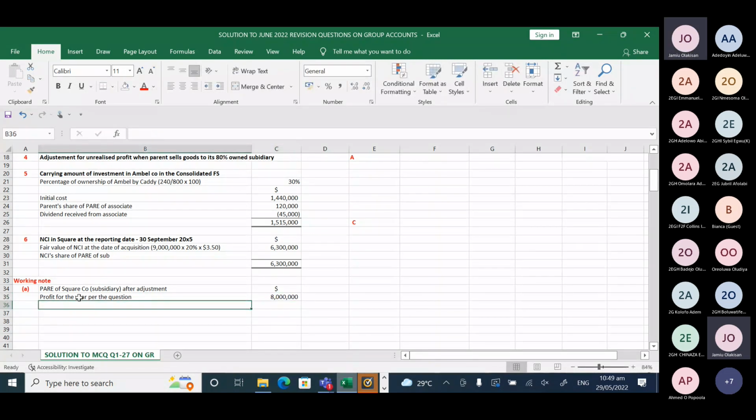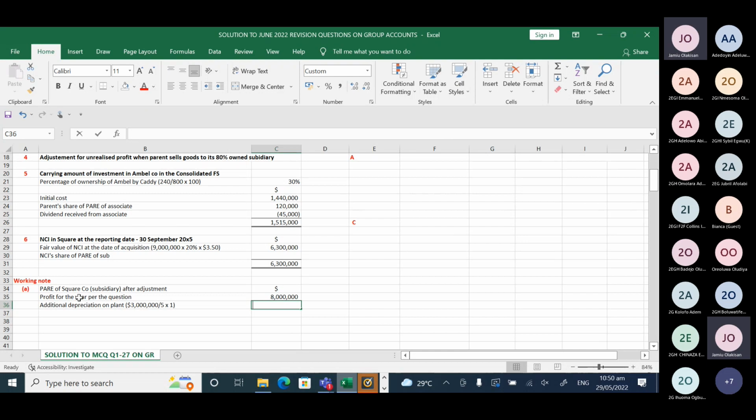The next thing is additional depreciation on plants. That would be simply the 3 million divided by 5, then multiplied by what? By 1.